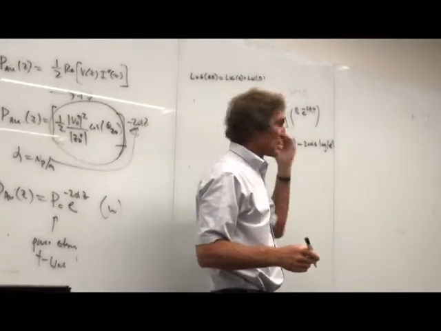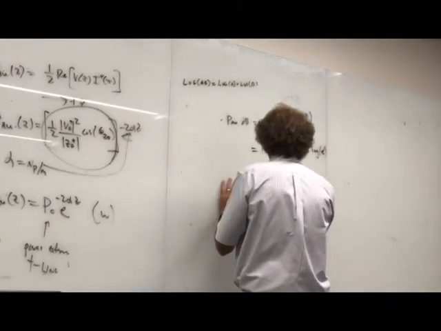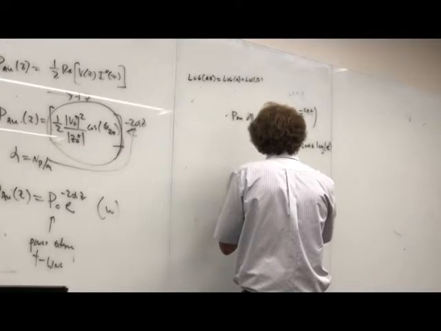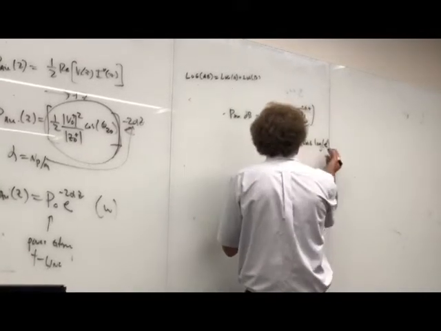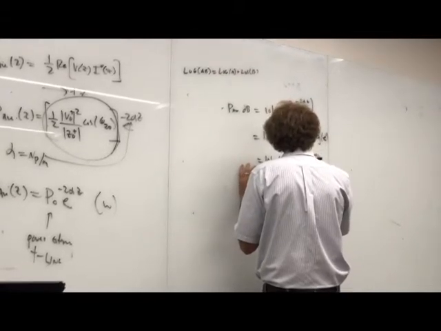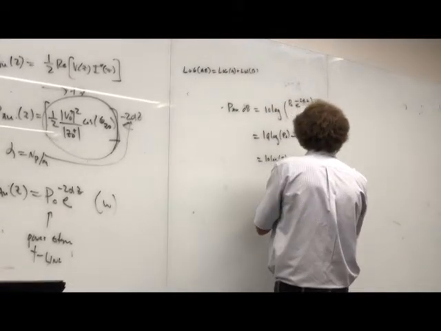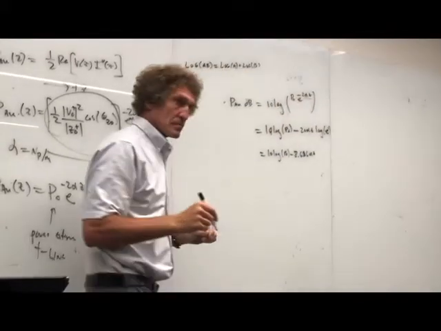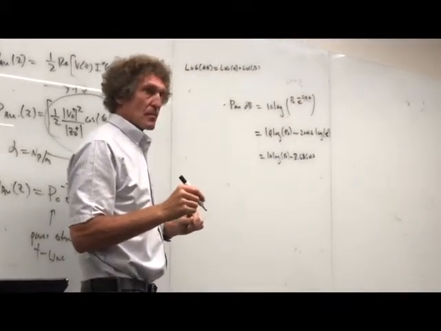And it's just the log of e. Well, this is also 10 times the log of P0 minus, well, 20 times the log of e is 8.686 alpha z. Do y'all see that?